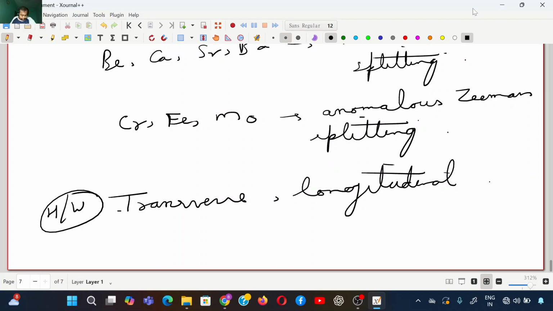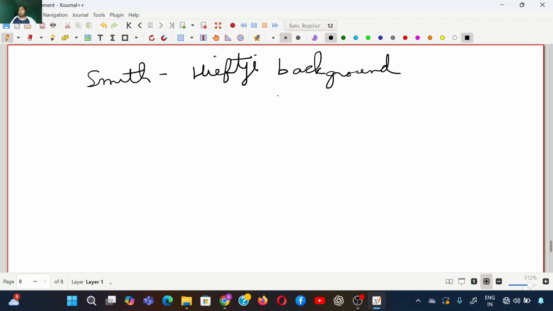Then there is something called Smith-Hieftje background correction. This is another type of background correction which uses the phenomenon of self-absorption in hollow cathode lamps at high current. This also you can do like a homework.